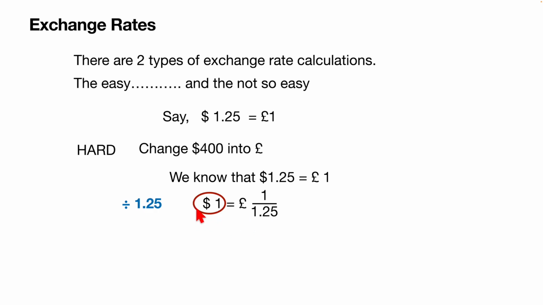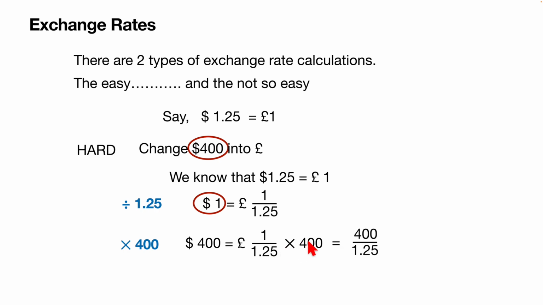But I now have the value of a single dollar, and I want to change $400. So I'm back on the tracks now. I just multiply both sides by 400. $400 is equal to my funny little number here, 1 over 1.25 times 400, which equals 400 over 1.25. And that's £320. Now, because this is the tricky one, and it could go wrong, I like to check this one.